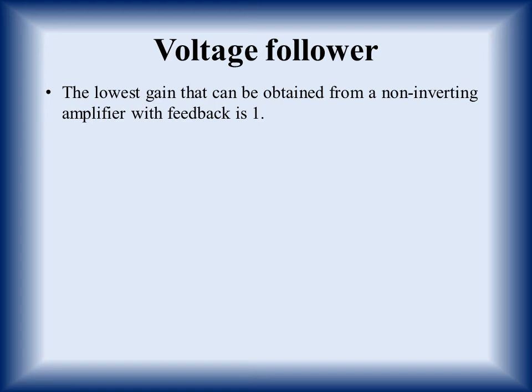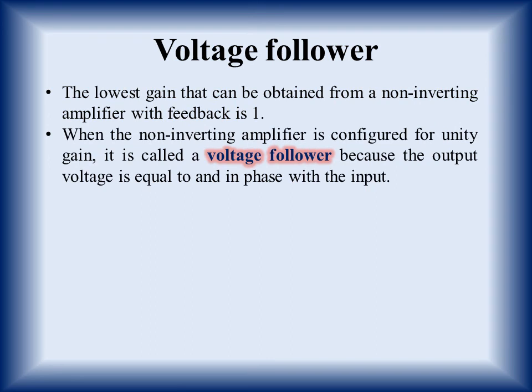So the lowest gain that can be obtained from non-inverting amplifier with feedback is 1. If RF and R1 both cancel out each other, then the gain will be 1. When the non-inverting amplifier is configured for unity gain, it is called voltage follower.